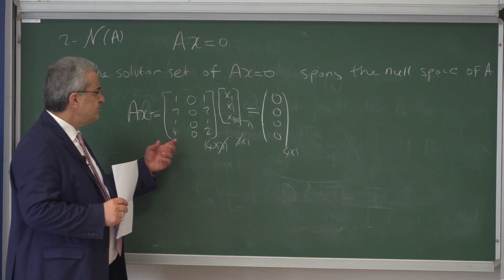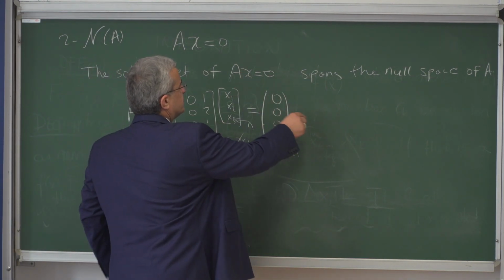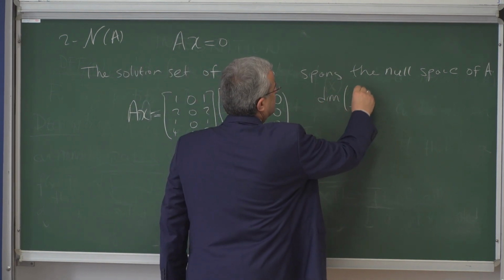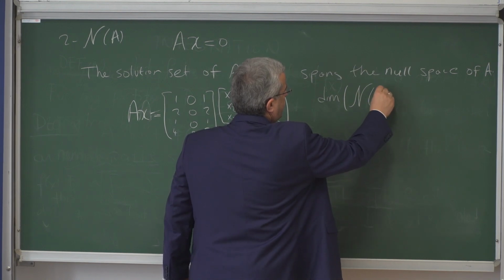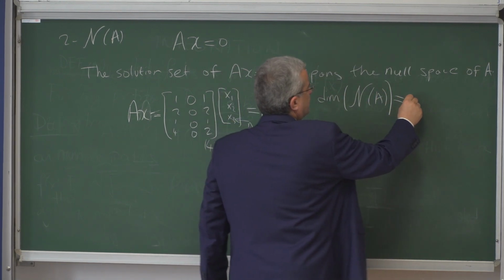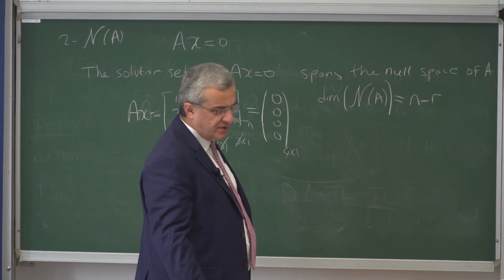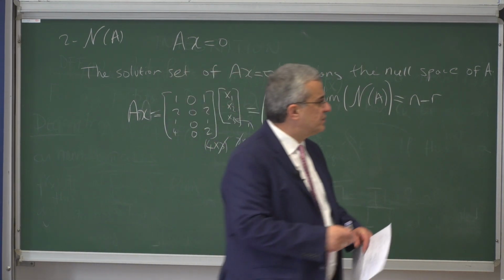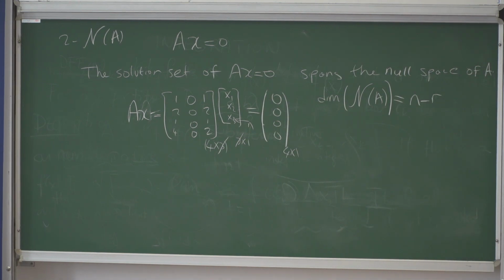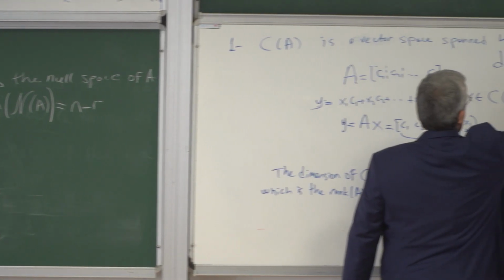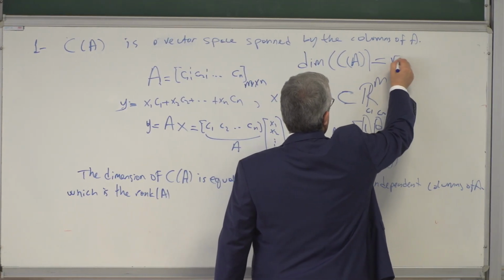So the dimension of null space of A is equal to n minus r, okay? And the dimension of column space of A is equal to r.